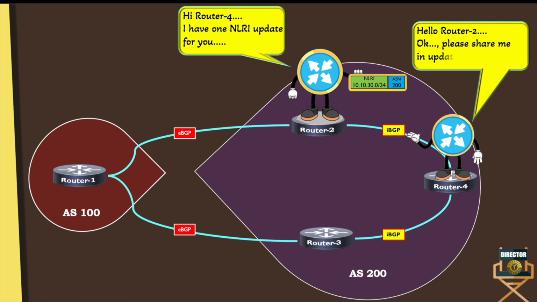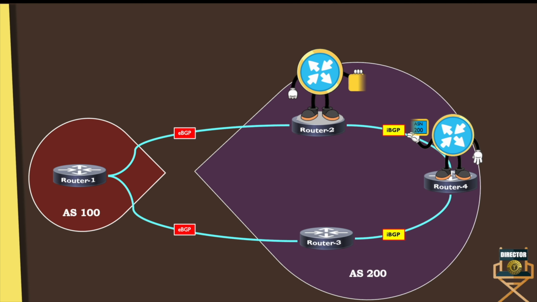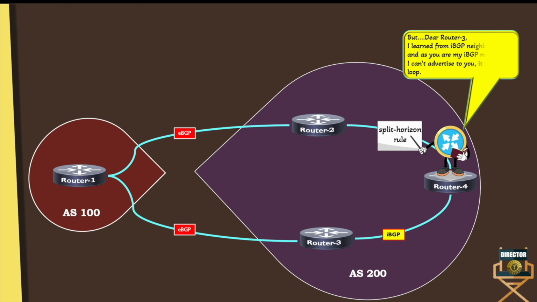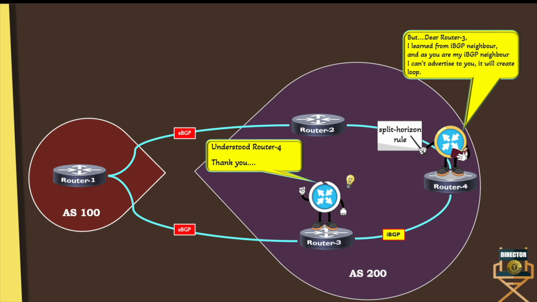Hello Router 2. Okay, please share me an update message. But, dear Router 3, I learned from an iBGP neighbor, and as you are my iBGP neighbor, I cannot advertise to you. It will create a loop. Understood Router 4. Thank you.